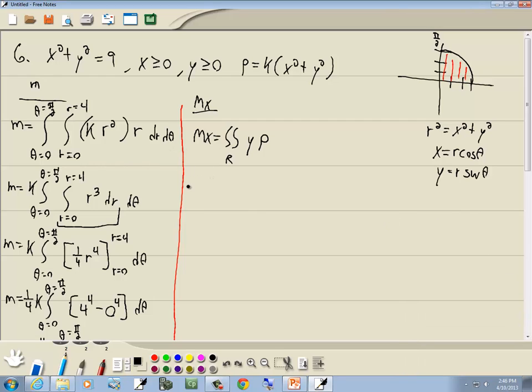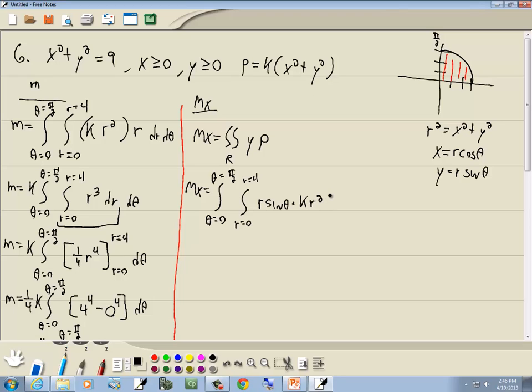So when we do the setup on this, it's still theta is equal to 0 to theta is equal to pi over 2. It's still r is equal to 0 to the radius. But we've got a y in here, and y we said was r sine theta, so we have to put that in there. So we've got r sine theta times rho, which is k, and remember we can replace the x squared plus y squared with r squared.